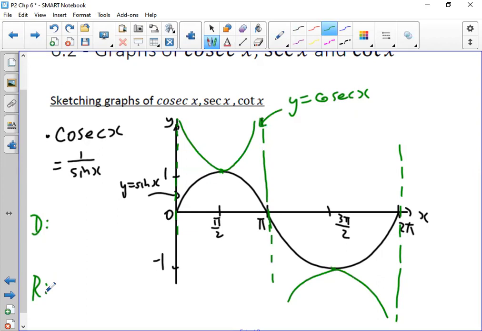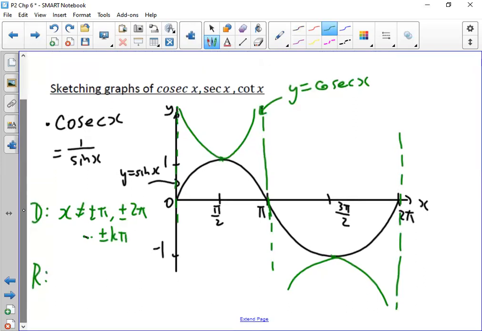What is the domain of the green graph? x can be anything apart from the asymptotes. So x cannot equal plus or minus pi, plus or minus 2 pi, or we call it plus and minus k pi, where k is just a number, so 3 pi, 4 pi, 5 pi, 6 pi, whatever.